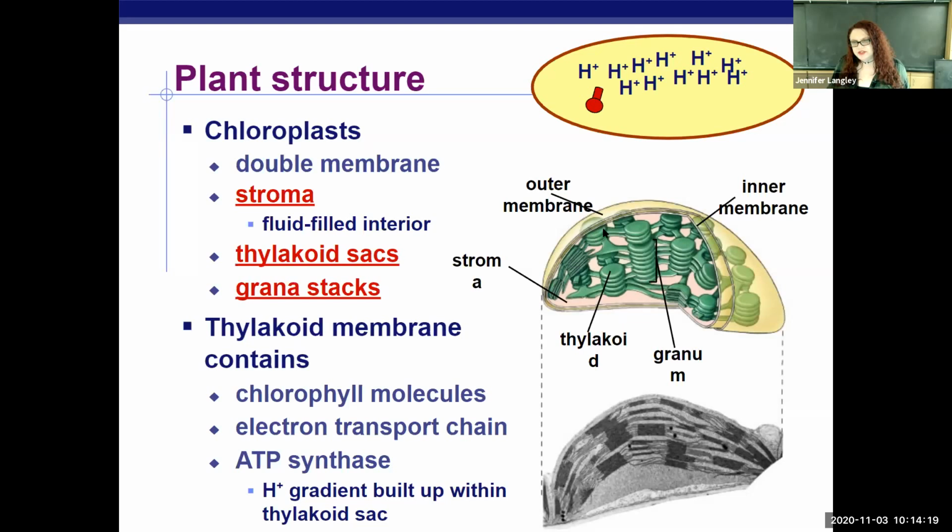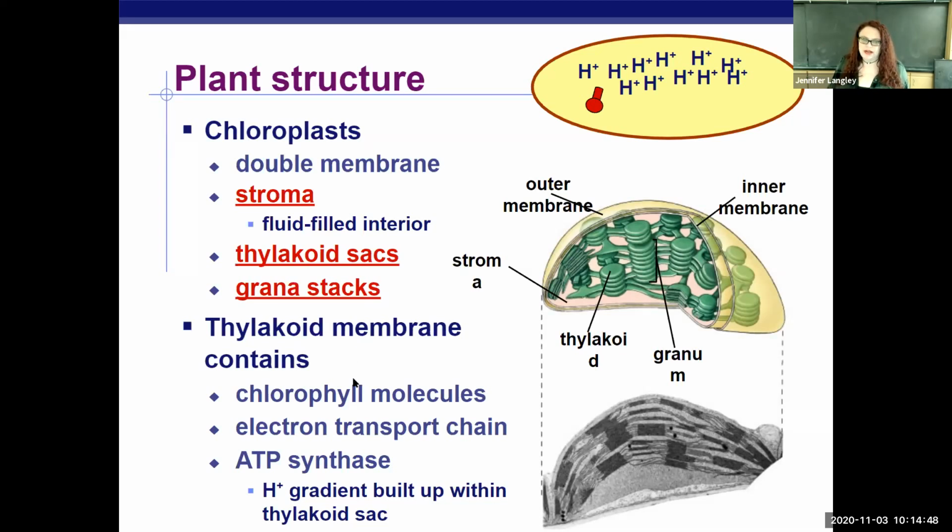Look at all that surface area. Why do we want all that? All this membrane gives us way more surface area. More surface area means more reactions. More reactions means more energy.